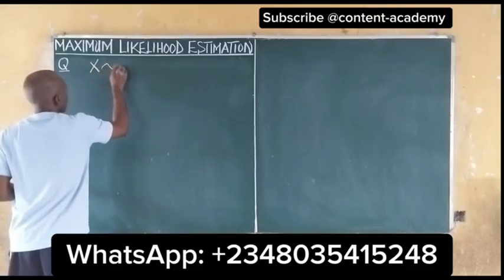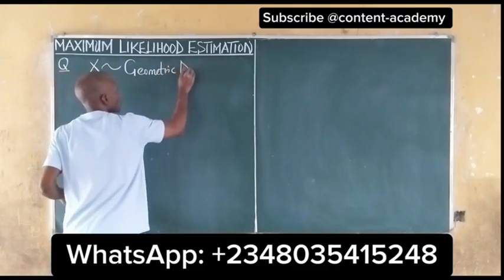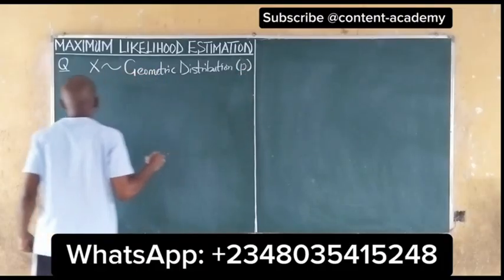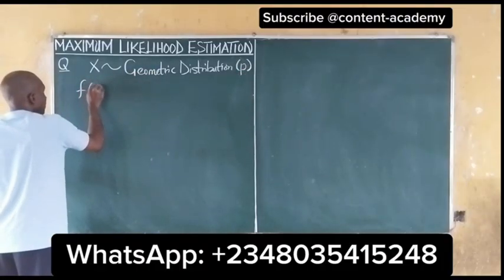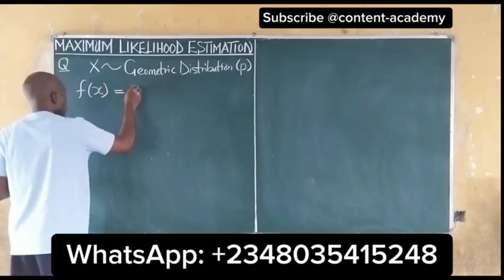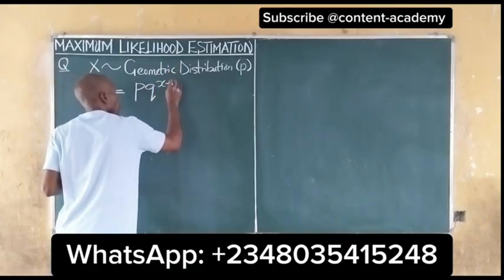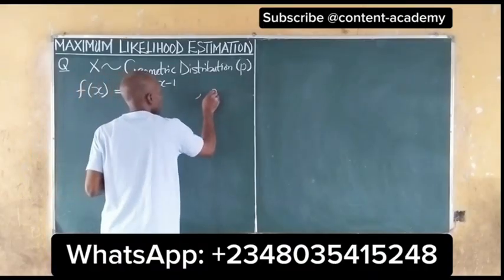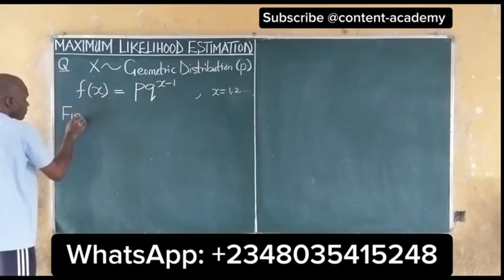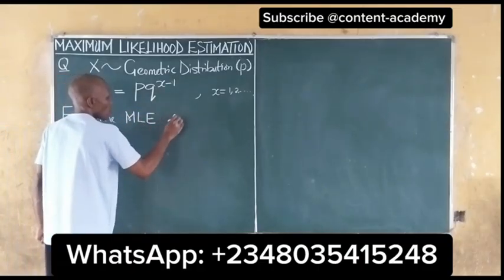So if x follows a geometric distribution with parameter p, and we have the PDF to be this, that is, as x runs from 1 to infinity, we have to find the maximum likelihood estimator for p.